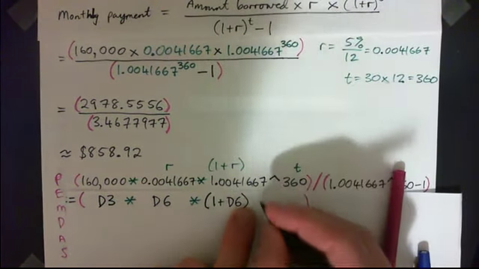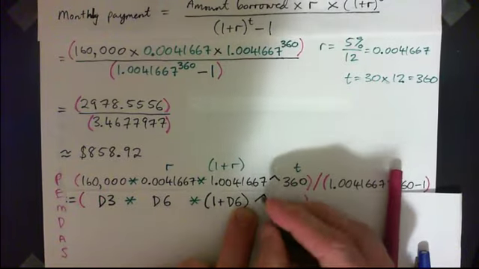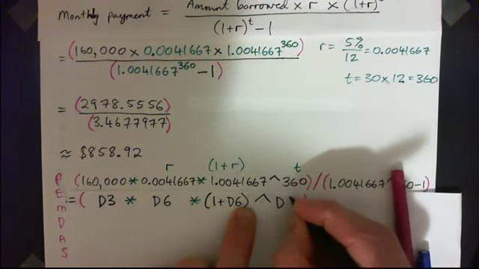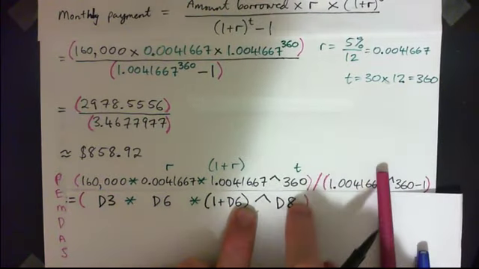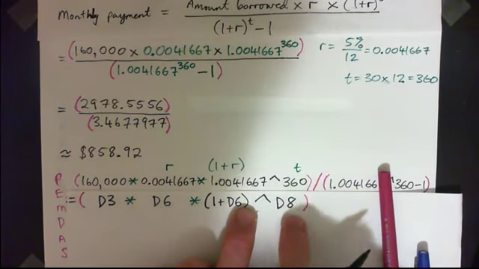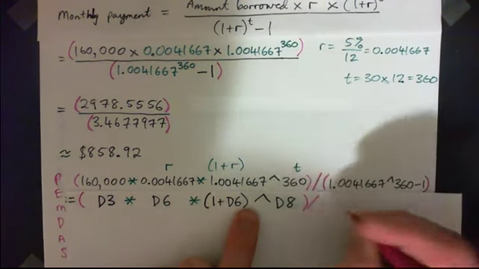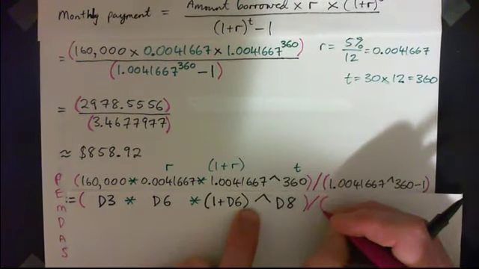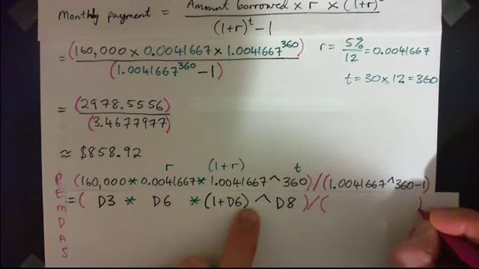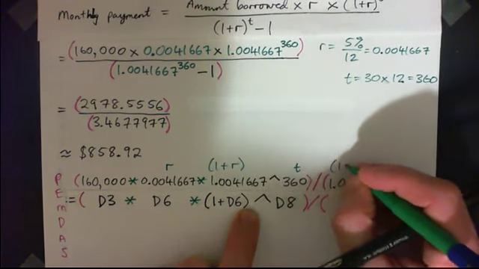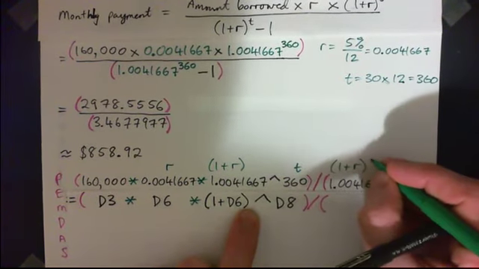And then we put it to the power of 360, and again we don't write in 360, but we put in D8 because that's what the number of payments was in our spreadsheet, right? Okay, and then we're going to divide. We're going to put the parentheses around the bottom of the fraction, okay? And again, this is 1 plus R to the power of t, right?